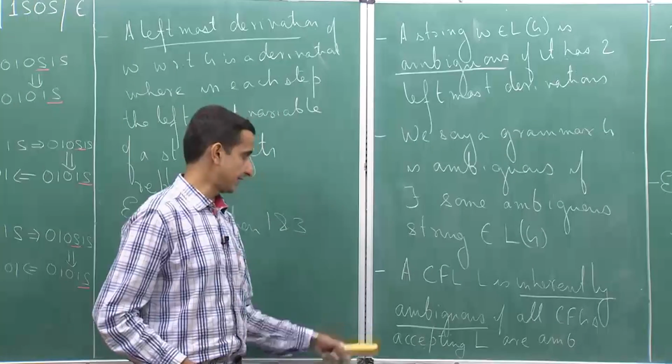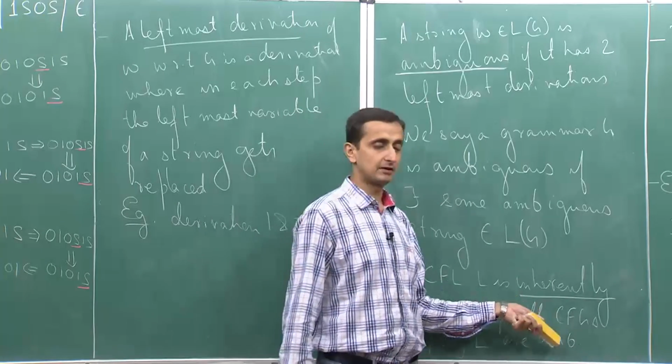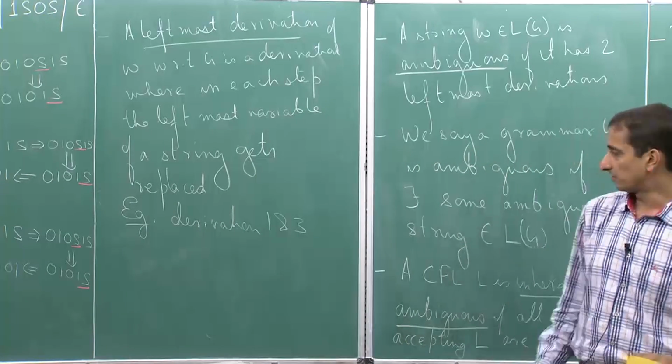So if we have a language for which every grammar is ambiguous, then we say that the corresponding language is inherently ambiguous.